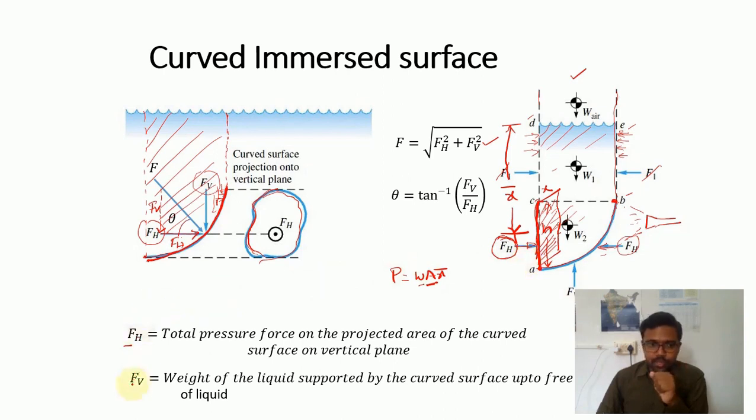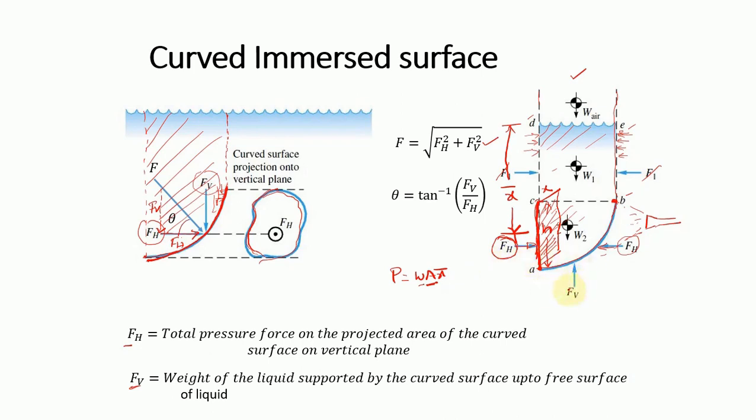Next, the vertical component. What is the vertical component of the force on the curved surface? The vertical component of force is equal to the weight of the liquid which is standing above the curved surface. If we know this volume, here you can see this is a rectangular portion.